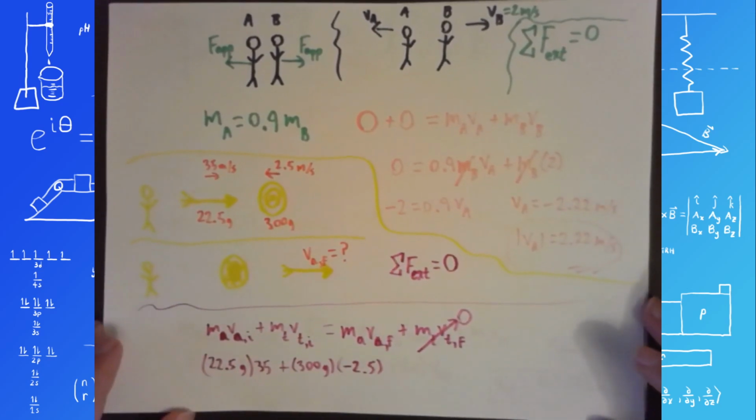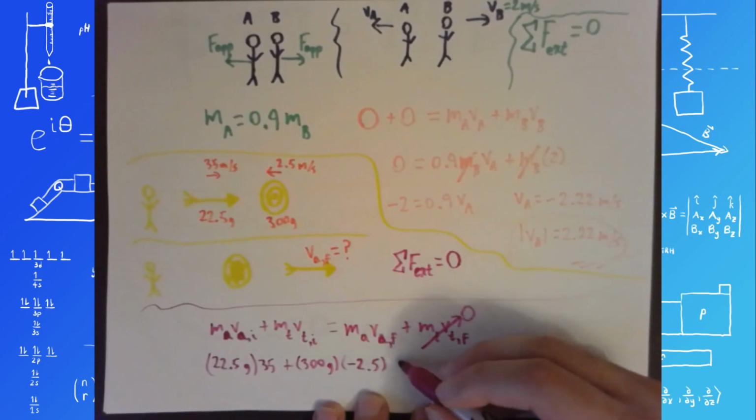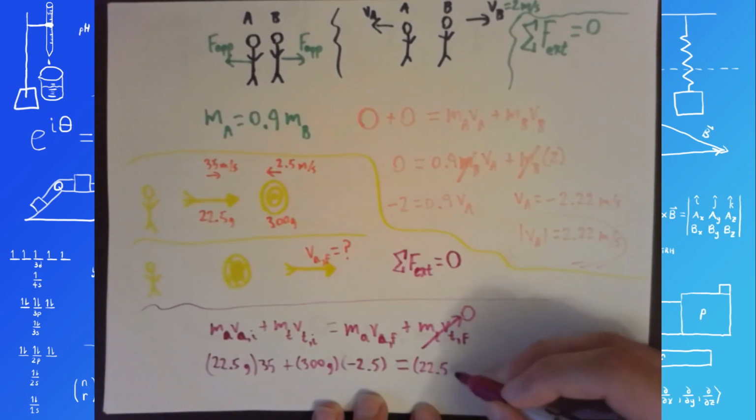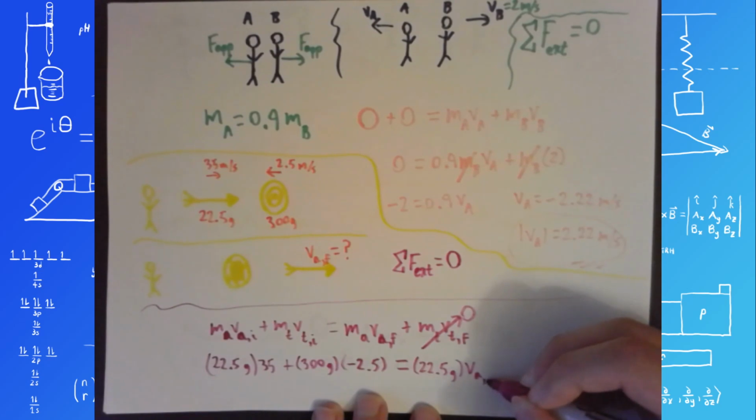Don't forget that the target is moving in the exact opposite direction. And then equals 22.5 grams times whatever v arrow final is.